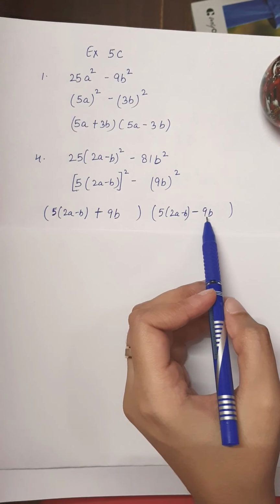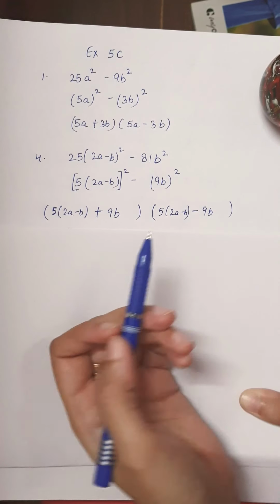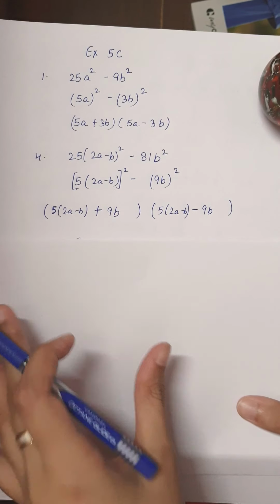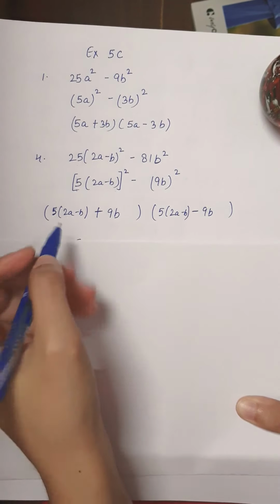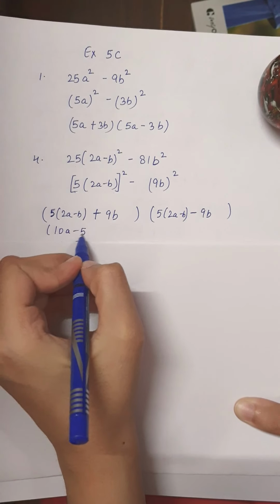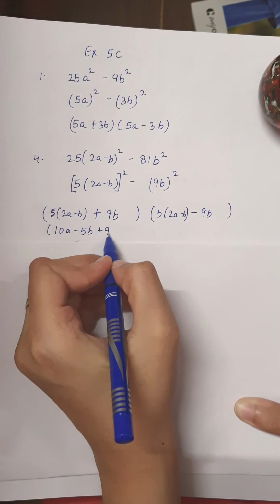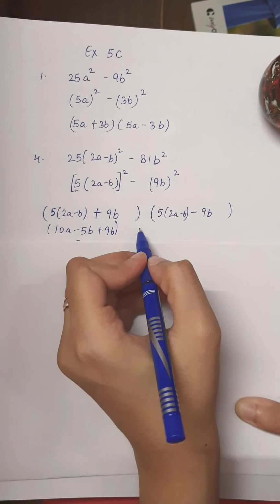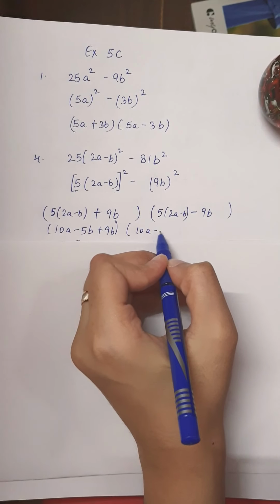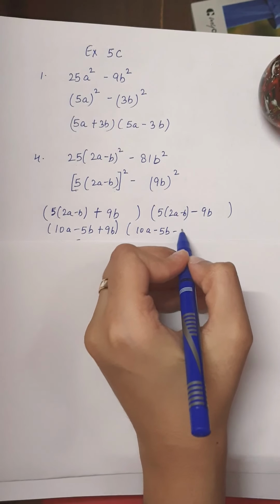Since there was only one term after the minus sign, there is no need of a bracket, otherwise we could have put the bracket also. Now the bracket is there, so it's better to simplify. 10a minus 5b plus 9b and 10a minus 5b minus 9b.